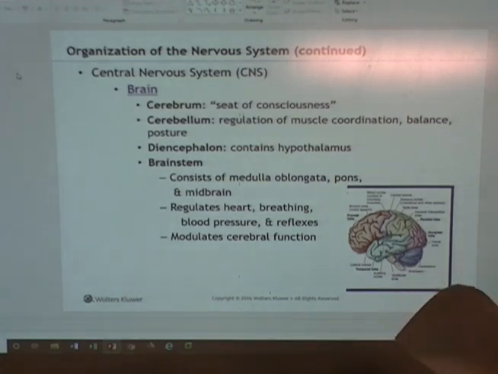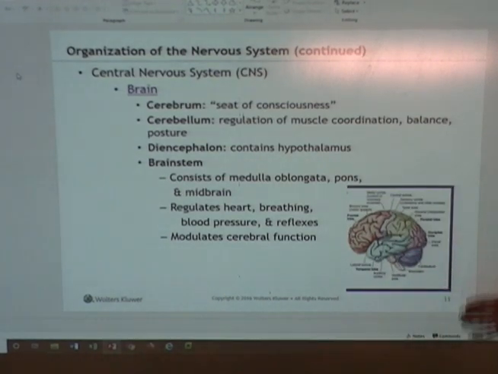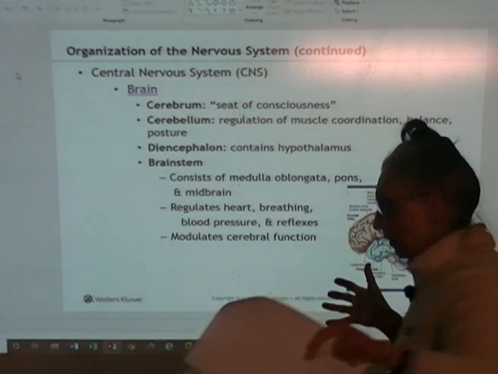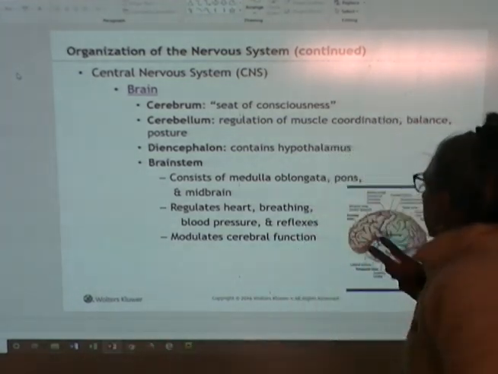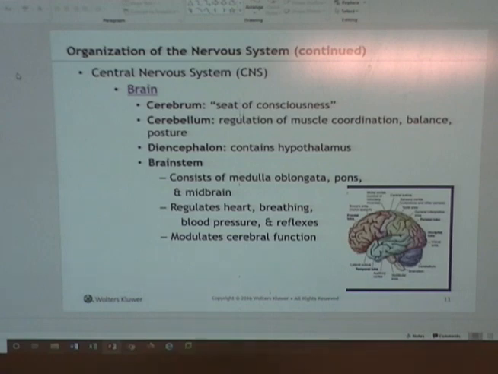All right. The central nervous system is composed of the brain and the spinal column. Anything outside of that is peripheral nervous system. Okay. So in the brain we have the cerebrum, which is this large area here, and that's the seat of what we call consciousness, right?